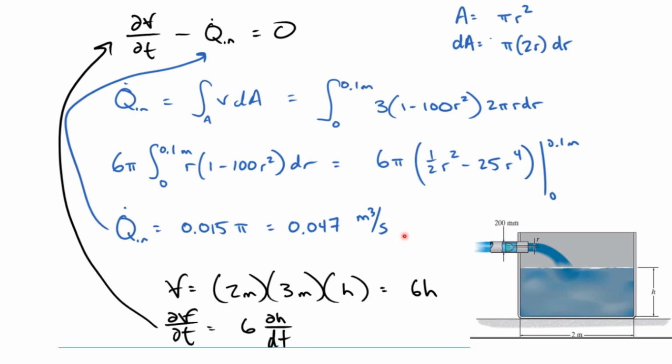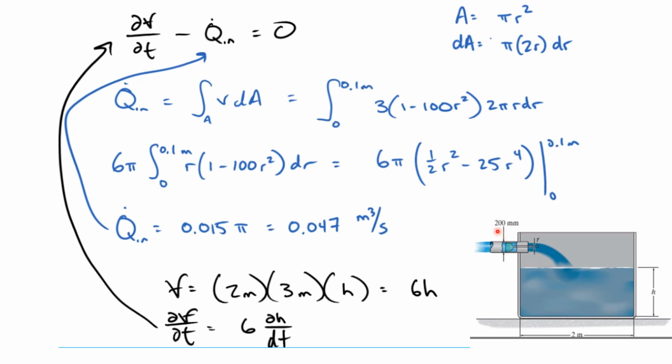Now let's take these one at a time. Let's start with the Q dot in term: the integral over the area of V dA. We can plug in our velocity profile. dA is going to be 2 pi r dr. It's a circular pipe, so that's our differential area. The integration goes from 0 to 0.1 meters.